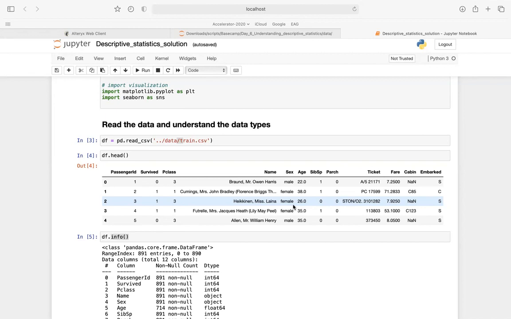A very simple example: imagine I have a data set with two columns like date of birth and age. Do you think these columns are highly correlated or highly related to each other? Absolutely, yes. Because both of these columns are giving me the same information. If I have a date of birth, I can calculate your age.